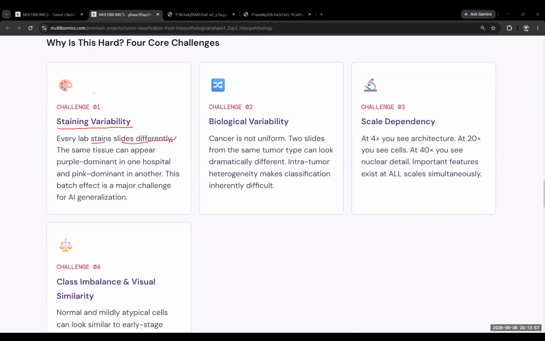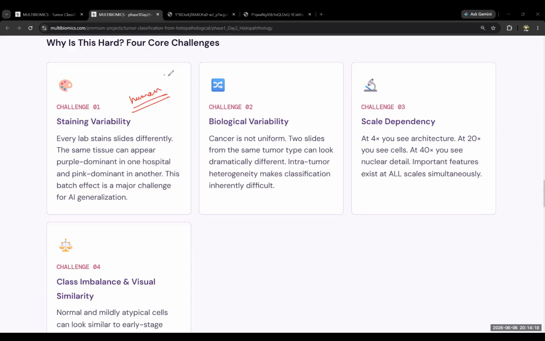The intensity of the same tissue might not be the same. The same tissue type can appear purple dominant in one hospital and pink dominant in another hospital. Understood? It is very simple language. Did you get it? Yes, human error. Yes, ma'am. This is how humans handle things, right?